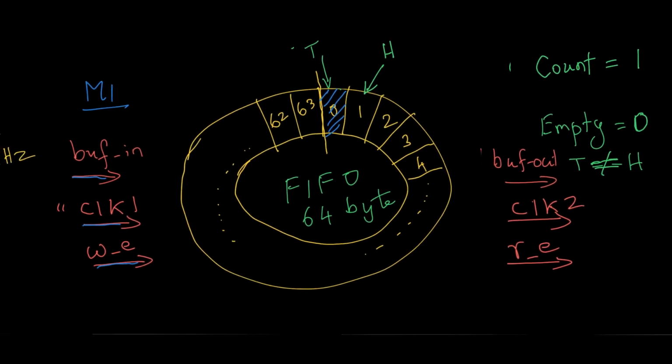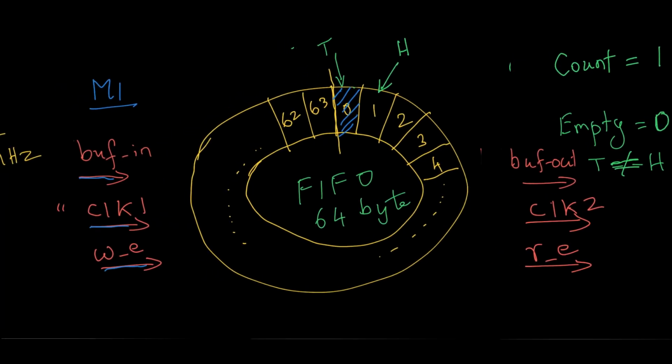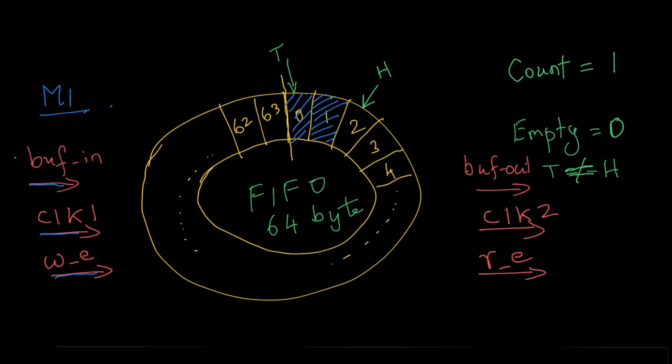Let us say M1 chooses to write again into the FIFO. Now it will write into address 1. Address 1 will be filled, and the head pointer will move to 2. Your counter will increment to a value of 2, so your FIFO has 2 bytes of useful data.